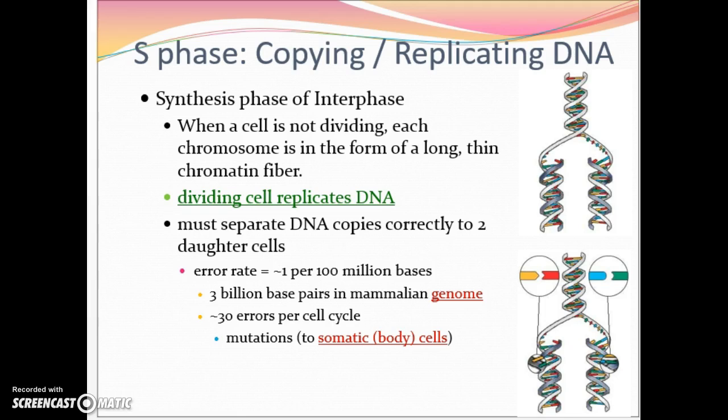And with 3 billion base pairs in the mammalian genome, that means there's only 30 errors per cell cycle. These errors are mutations that are occurring in the somatic body cells. So they actually do provide some mutation, but it's a very, very low rate. So again, the reliability of replication is pretty amazing.